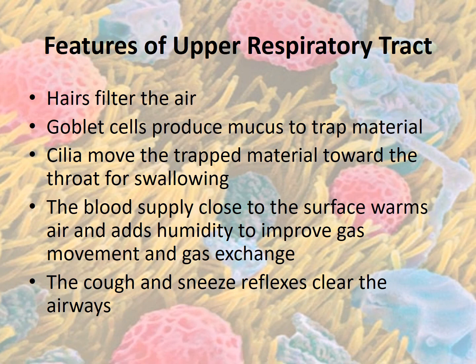Sometimes we refer to it as a bubbler, but we have to add moisture to the oxygen that we give the patient. Also, if they're on a ventilator or any kind of assistive device, we warm the oxygen that we're giving the patient, and there are also areas on those devices where respiratory will add sterile water to provide humidity. So that's an important feature that we as human beings have.